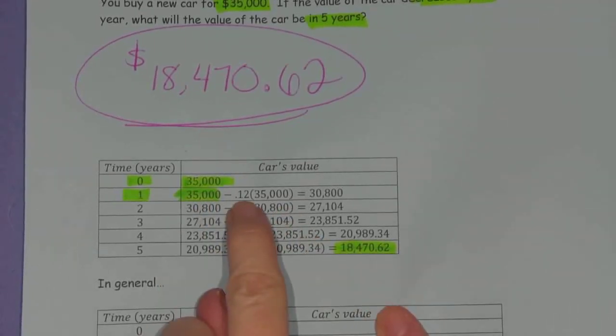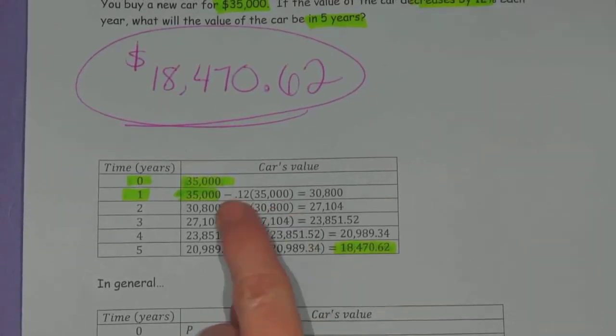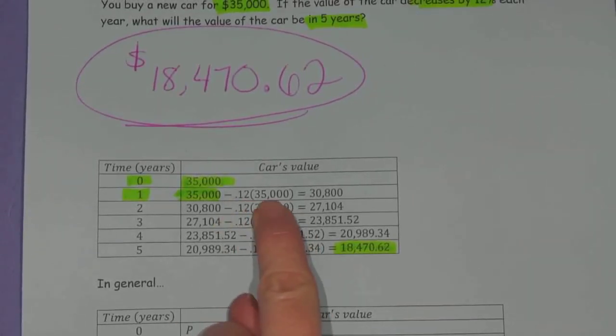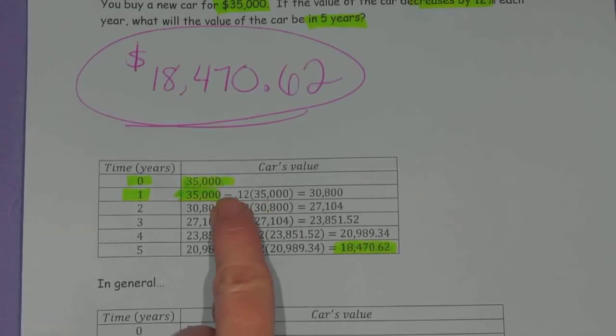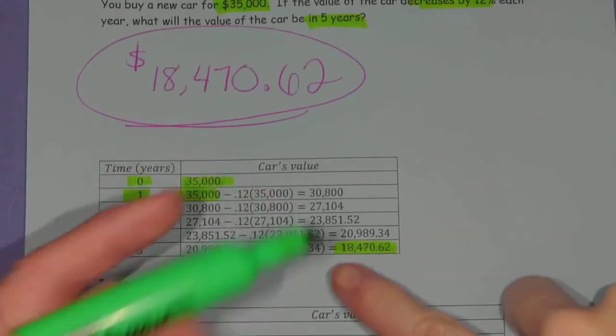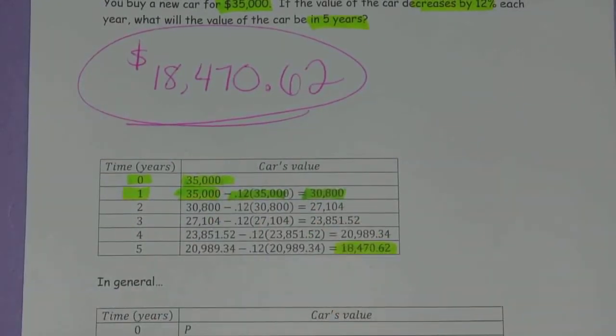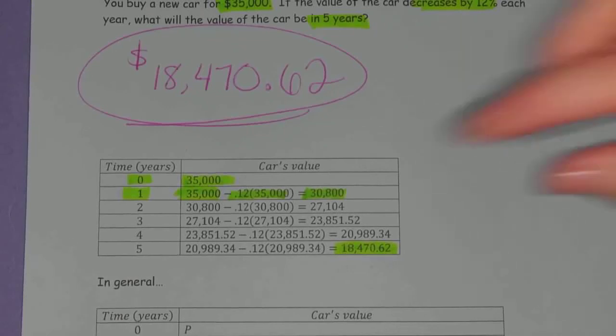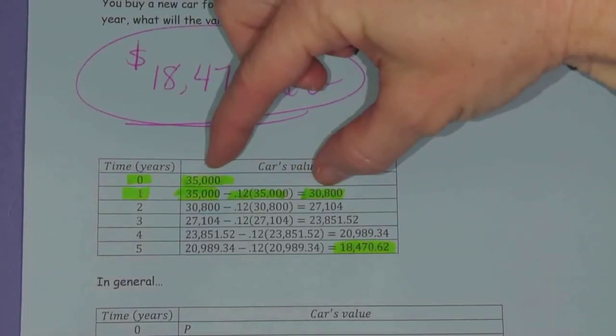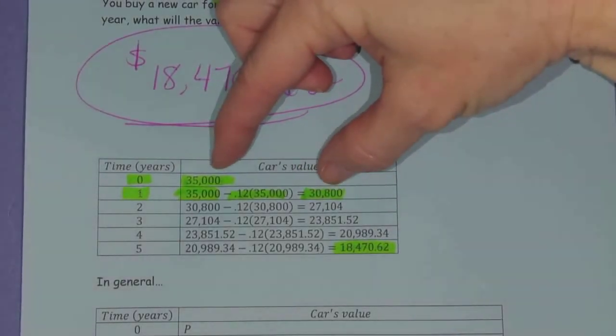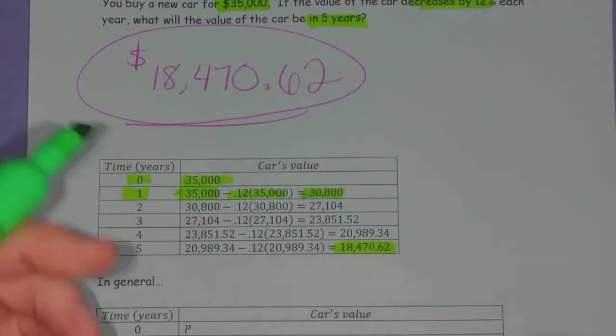Well, 12%, which is 12 out of 100, or 0.12, times the car's value. So 12% of the original value gets deducted from the original value, and you're now sitting at a car worth $30,800 after the first year. Look how much it's depreciated just in 1 year alone. That's 12%. And then you just go on.